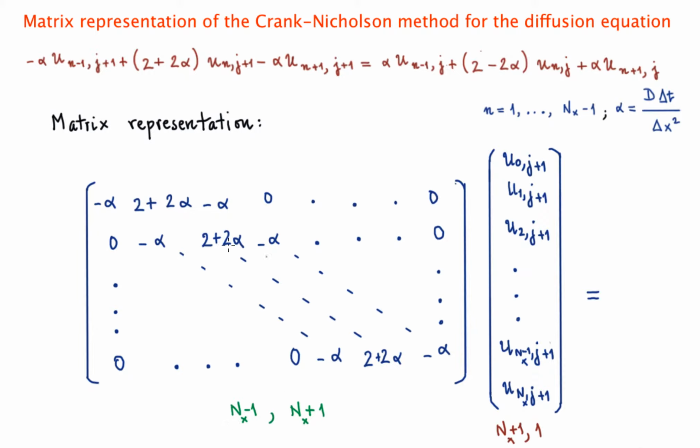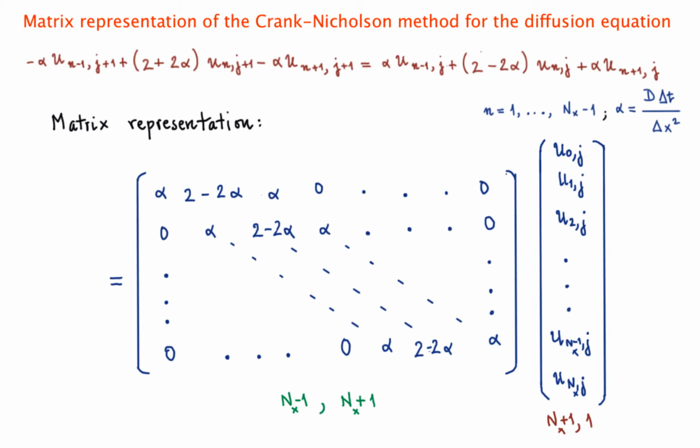So this is the one corresponding to the left, and this is the one corresponding to the right. Again, everything goes the same. Remember, this matrix didn't appear in the full implicit method; you just had the other part, even though it's a little bit different. So that's the matrix representation.